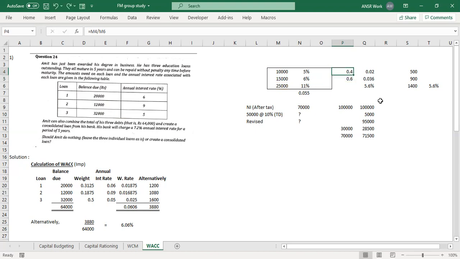You multiply those ratios to the rate, that is 5% into 0.4 and 6% into 0.6. You add those proportions, that will give you the WACC, because in that you have already considered the ratio of the values also. Is that slightly clearer?